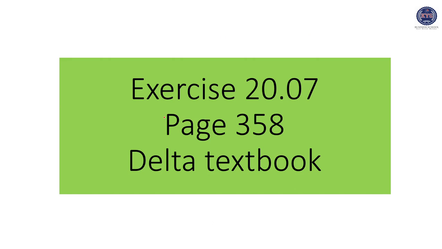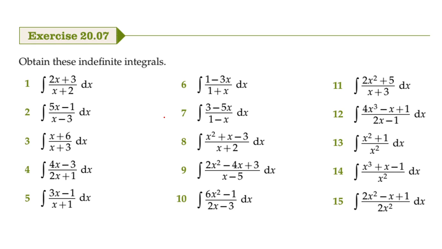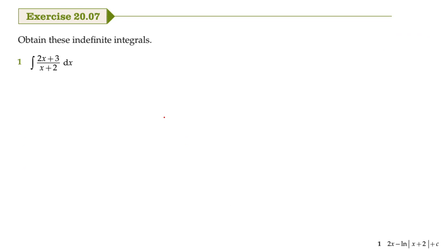So let's try this exercise 20.07. I chose only 3 questions, and I believe you will try the rest of the questions later. Let's start from the basics, with question number 1. I want to use long division. Remember, the long division result should be in the form of quotient plus remainder.